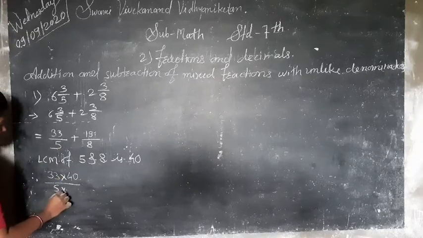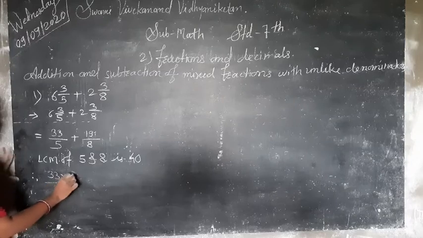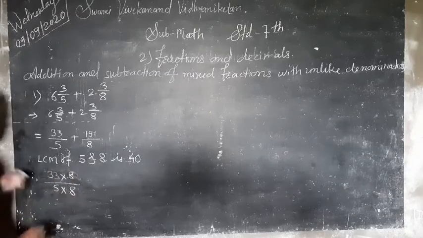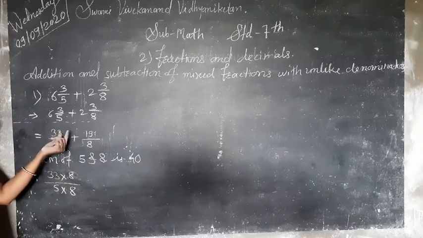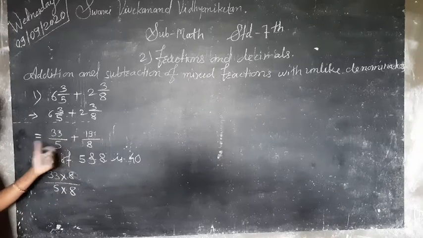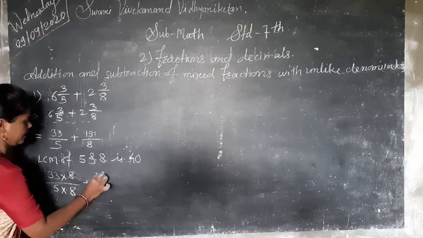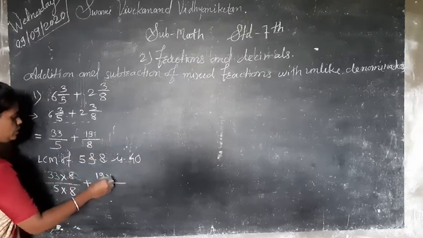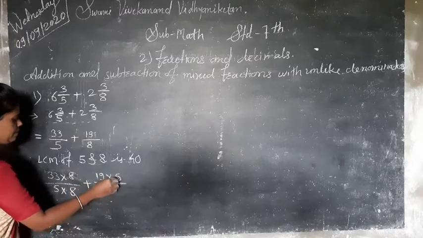Here also you have to multiply by 8. By the same number you have to multiply the numerator as well as the denominator. Plus 19 upon 8, 5 8s are 40. So to the numerator also you have to multiply by 5.